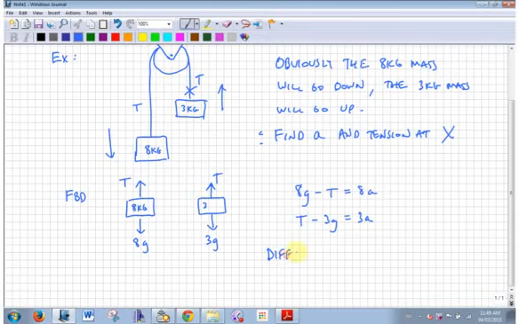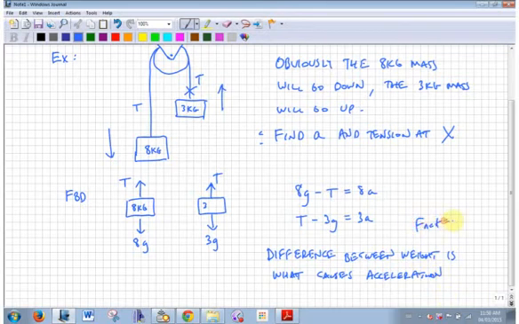Let's write down what I just said. The difference between weights is what causes movement, or in this case, well, it's going to accelerate, right? Acceleration, an unbalanced force.